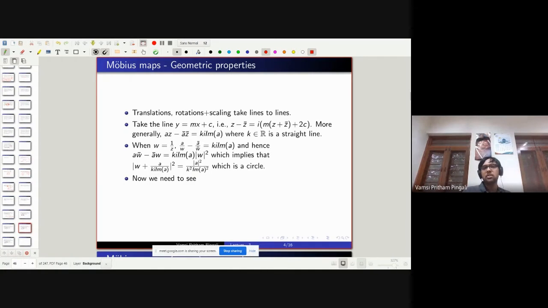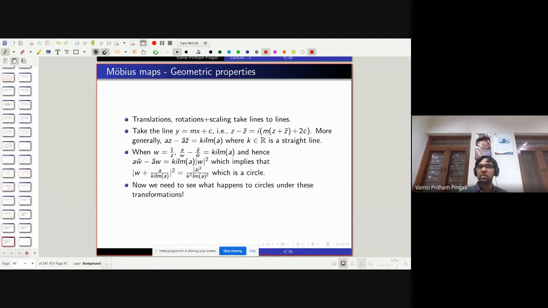We started off with the question of what happens to lines under Mobius maps. If you apply translations, rotations, and scaling, they go to lines. Unfortunately, if you apply an inversion, a line can potentially become a circle. Now, if you apply Mobius maps, what happens to the circle, right? You need to know what happens to circles under these maps.